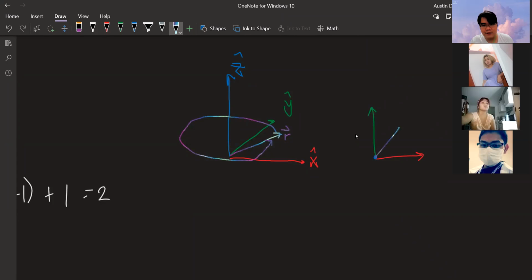Pag tinignan natin siya from above, r hat, yung theta will be defined here. Okay? And if we rotate a whole circle, that is just from 0, itong line na to, 0, pi over 2, pi, 3 pi over 2, and that is 2 pi.